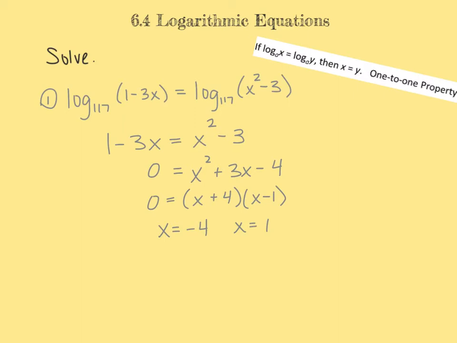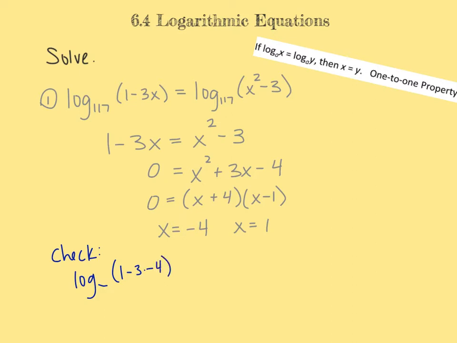I say potentially because the domain of logarithmic functions, log base b of x, whatever's on the inside here, remember, needs to be positive. So let's check our answers and make sure that they yield positive results inside our log. If we plug in negative 4, so we'll check in blue here, we'll have log, it doesn't matter the base, of 1 minus 3 times negative 4.